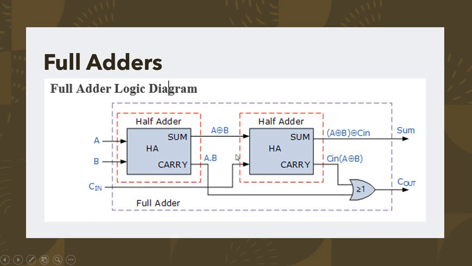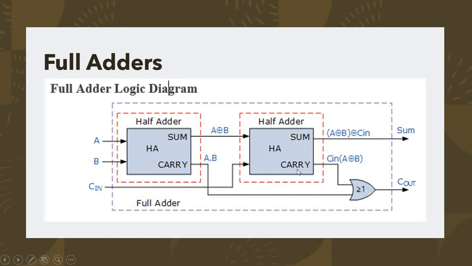If you look here, the output of this one will be A XOR B, and then XOR C-in. That is for the sum.